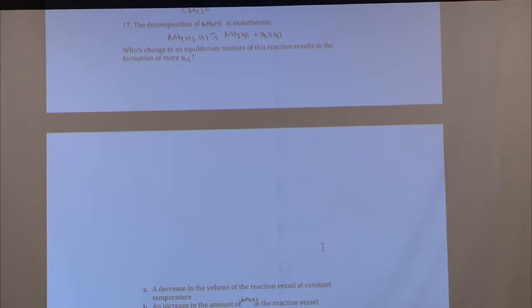Okay, so this one says the decomposition of NH4HS is endothermic, and they give you the reaction here, and so they want to know which change to an equilibrium mixture of this reaction will result in the formation of more hydrogen sulfide. So I drew it out right here.